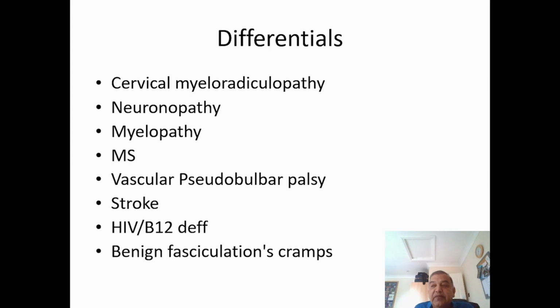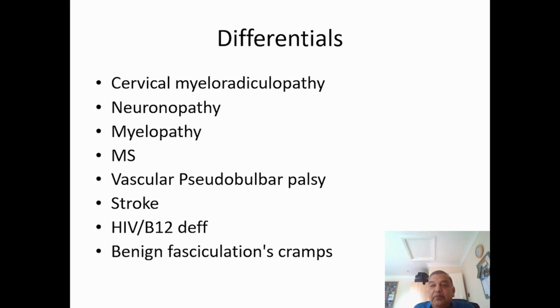Cervical myeloradiculopathies due to cervical spondylosis would be the main condition that needs to be excluded, but strokes, MS, spinal cord lesions, particularly a myelopathy, neuronopathy, which is basically involvement of the nerves coming out of the spinal cord, vascular pseudobulbar palsy, again secondary to stroke, HIV, B12 deficiency, are all conditions that need exclusion.